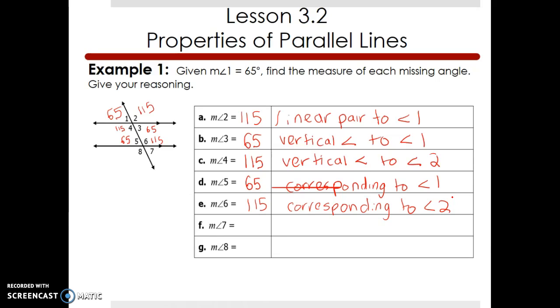To find angle 8 and 7, you could use vertical angles, but you could also use alternate exterior angles. If we know about 2 and 8, 2 and 8 are alternate exterior angles, and alternate exterior angles are going to be equal to each other. So that is alternate exterior.